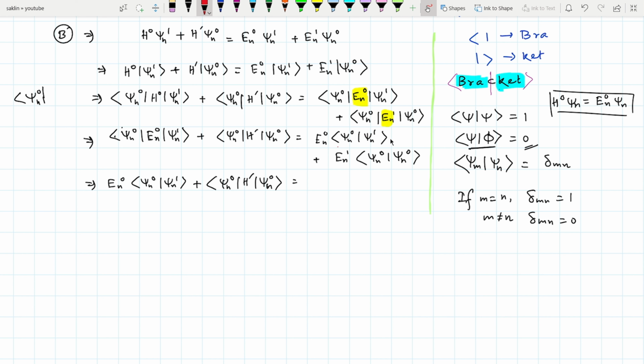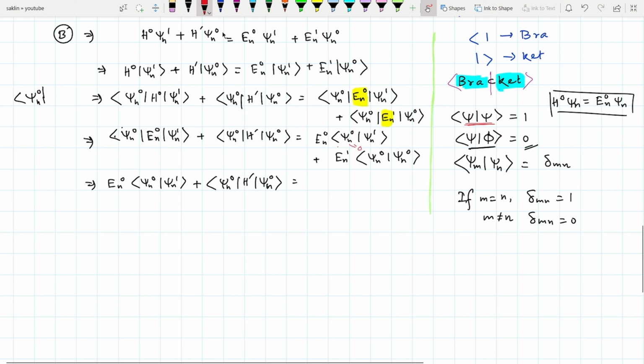That will be 0. And here also I have told you that if psi and psi are both the same, then from the bra-ket notation we can get that it will be 1.